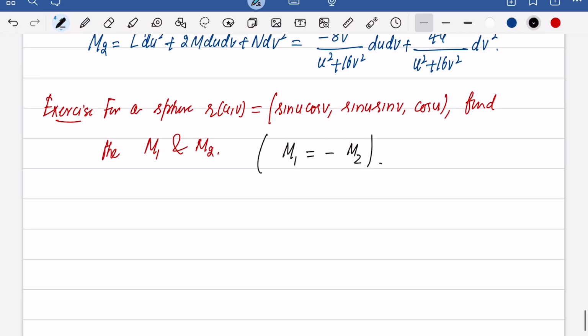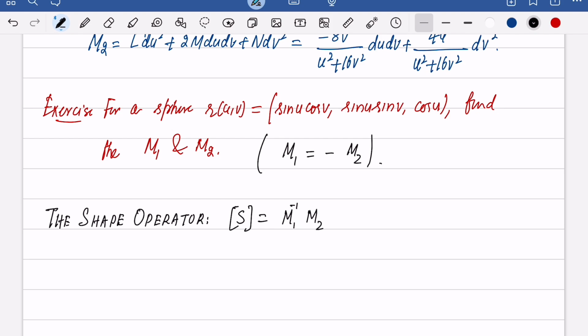Right, now we define another definition, the shape operator. This is a matrix defined as S, which is equal to M1 inverse into M2.